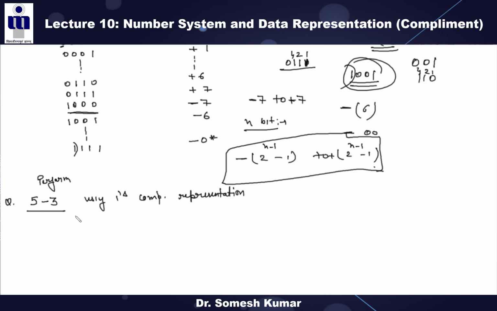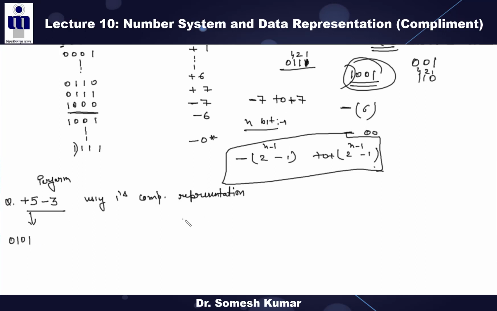How can you perform 5 minus 3 using the 1s complement? So first it is plus 5 basically, plus 5 minus 3, right? So how can you represent plus 5 in 1s complement? Normal binary number 0, 1, 0, 1.